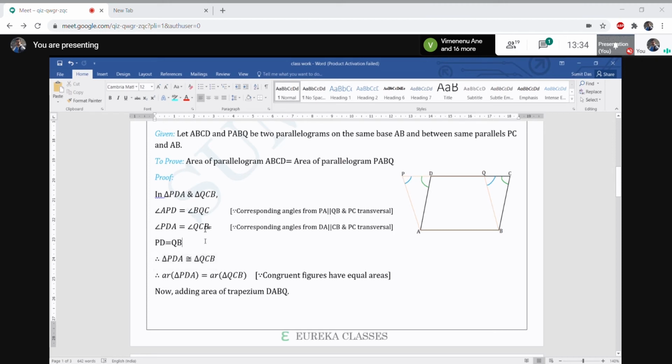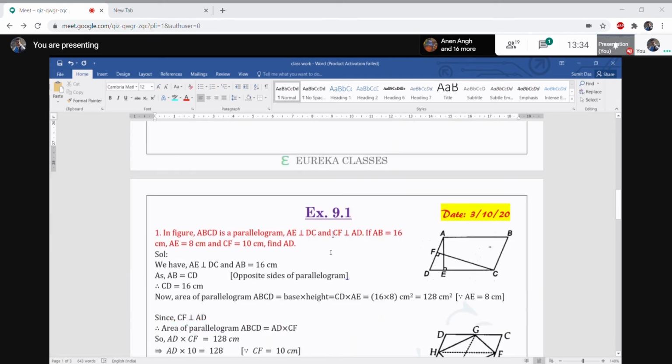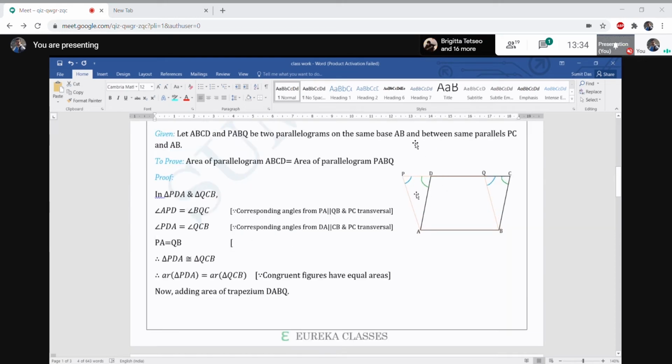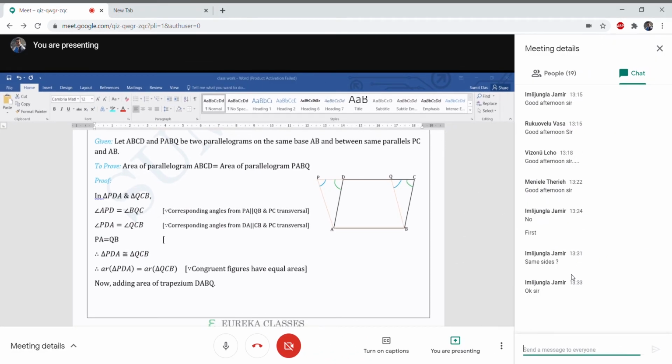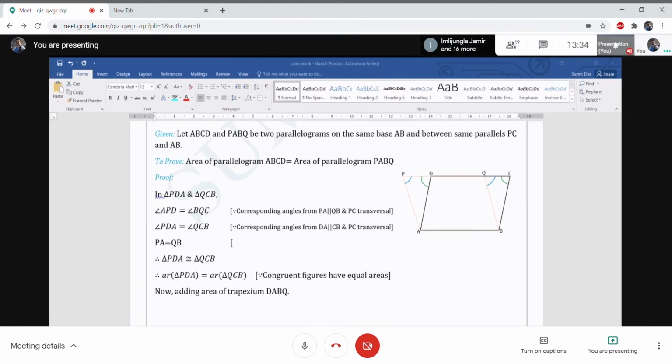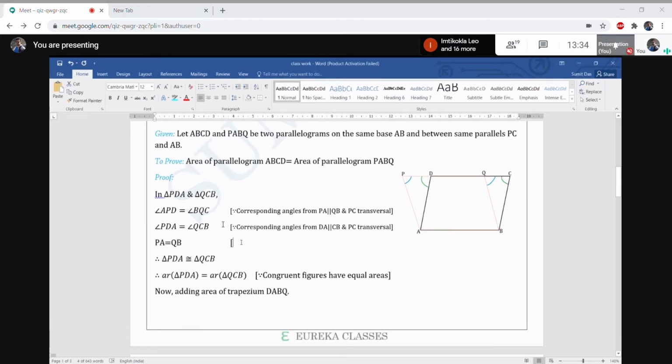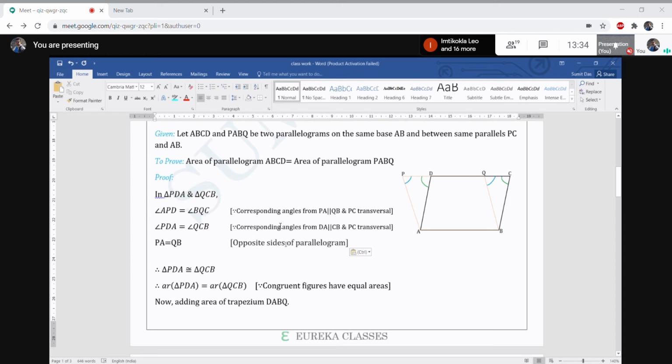Okay, now why PD equal to QB? Anyone? Sorry, not PD, PA. Why is PA equal to QB? Because they are opposite sides of a parallelogram.